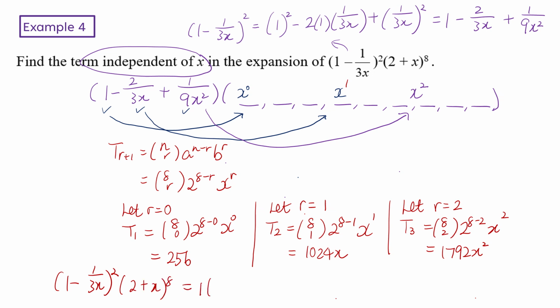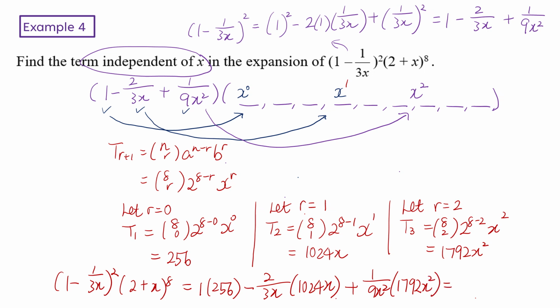We would have 1 times 256, minus 2 over 3x times 1024x, plus 1 over 9x squared times 1792x squared.